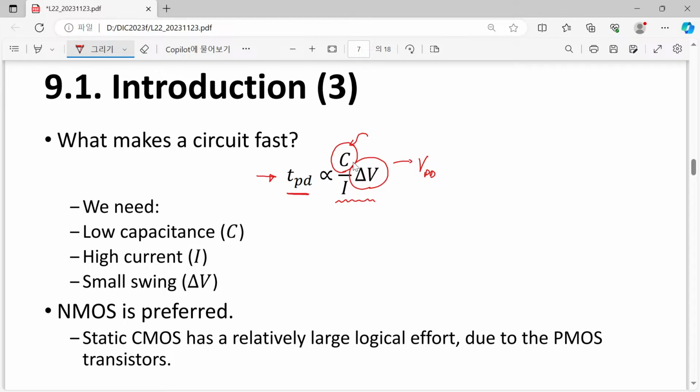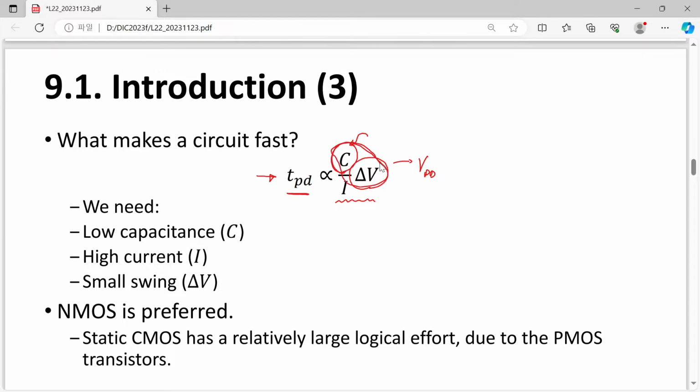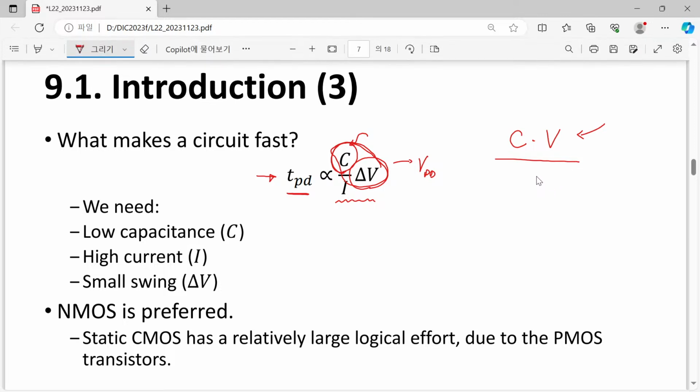So we have C times V as the amount of charge to be charged or discharged. And our capability to charge and discharge this capacitor is given by the driving force, usually the I on of our transistor.